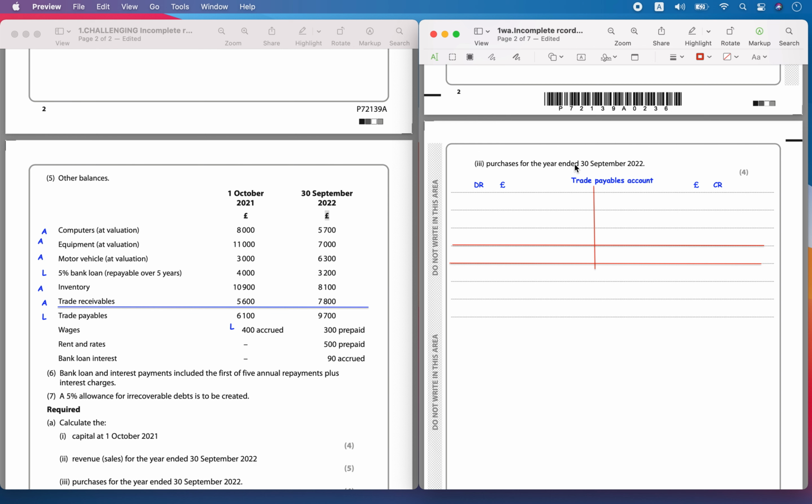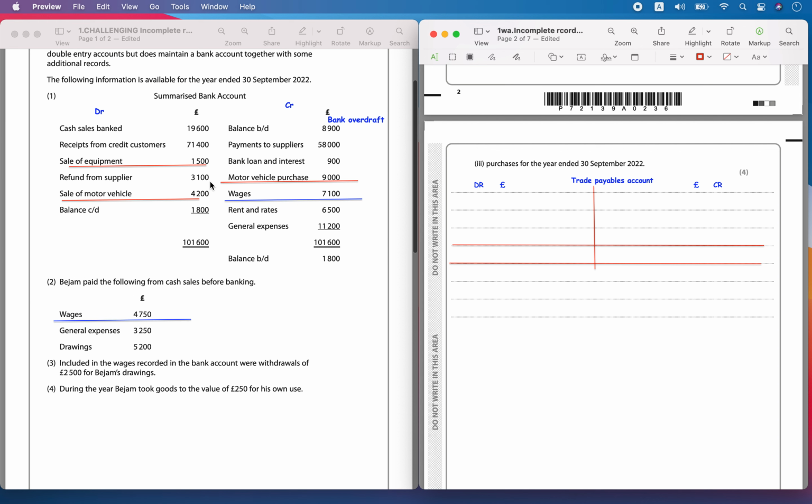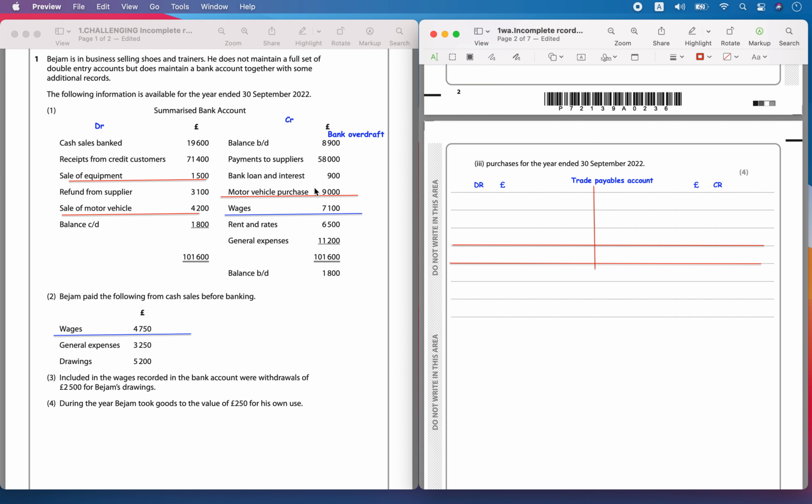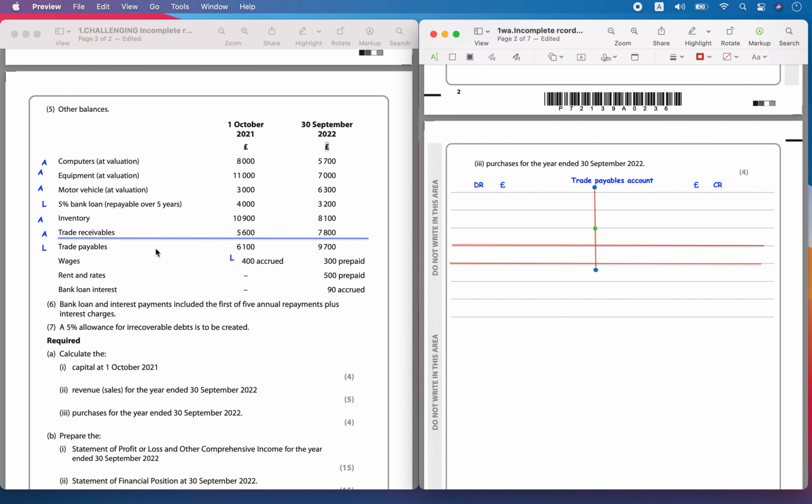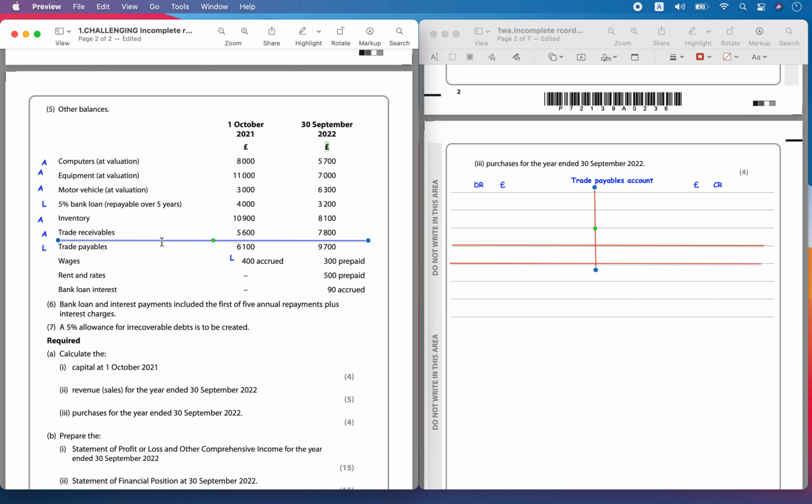Then we have to calculate purchases for the year ended 30th September 2022. Again I am going to calculate what the credit purchase was. Of course there was no cash purchase. Now we know that trade payables account is a liabilities account, so it will start on the credit side. Whatever balances they have given, we will take that.